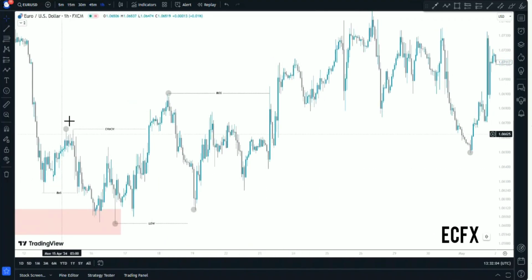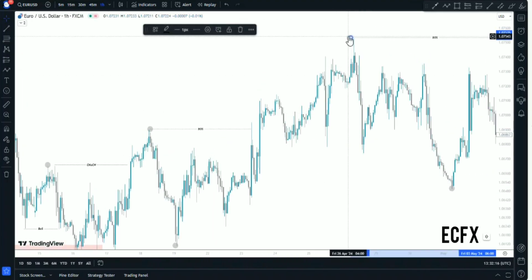As you can see, these are all the external highs and lows that we've marked out on the 4-hour time frame.